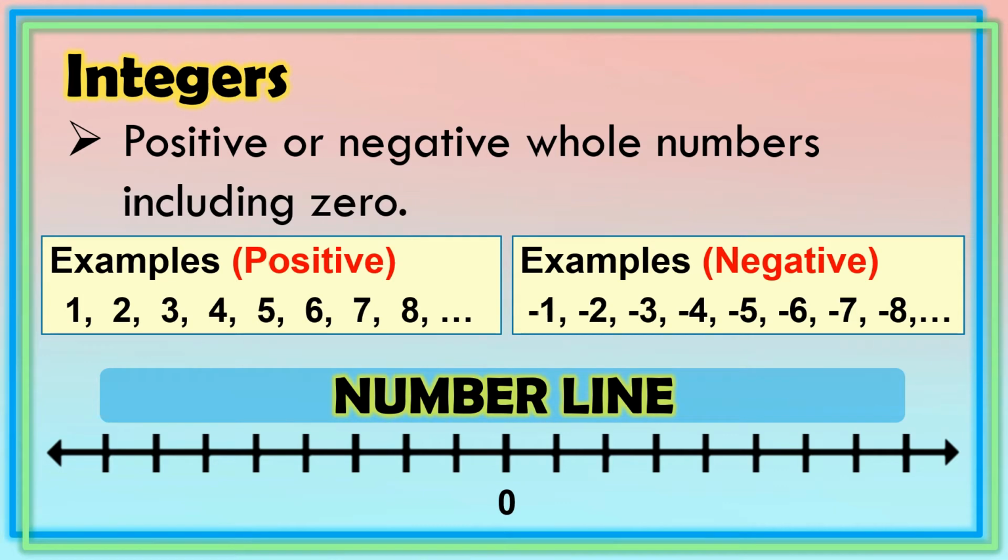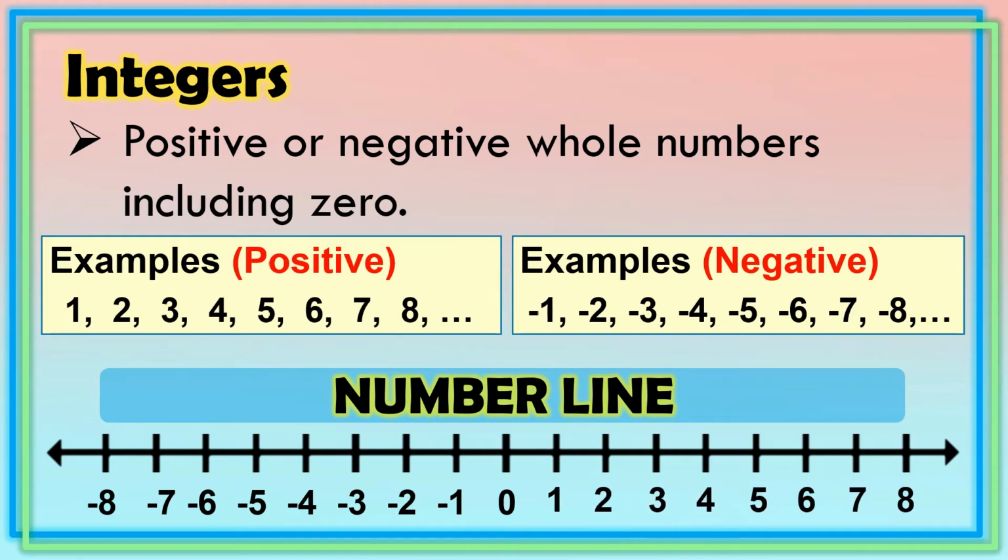Next, ang mga numbers sa kaliwa ng 0 ay ang ating mga negative numbers. Nandito ang -1, -2, -3, -4, -5, and so on and so forth. Sa kanan naman ng ating number line ay ang positive numbers such as 1, 2, 3, 4, 5, 6, 7, 8, and so on and so forth.